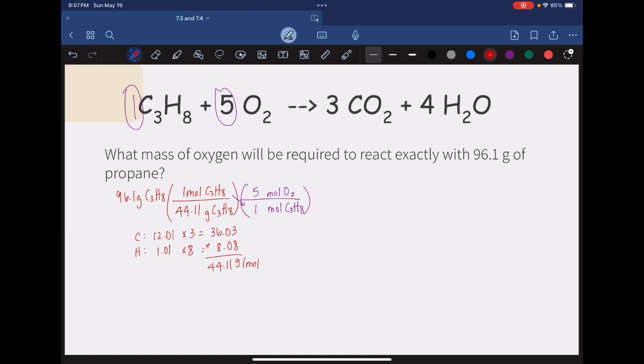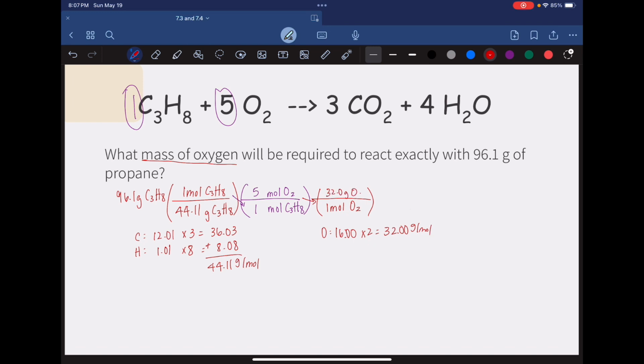And now it's going to ask me to get the mass of oxygen. So I draw my other line. Moles of O2 will be at the bottom, and because it's molar mass, it's going to be 1 mole. Oxygen's mass on the periodic table is 16, and I have 2 of them, so 32.00 grams per mole.